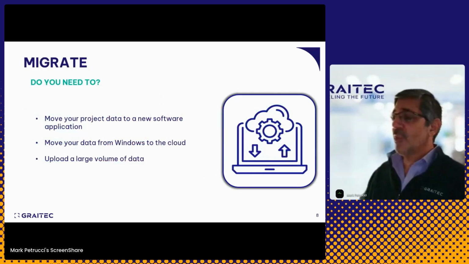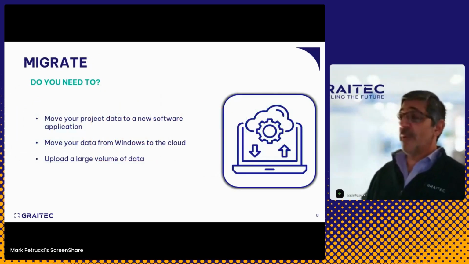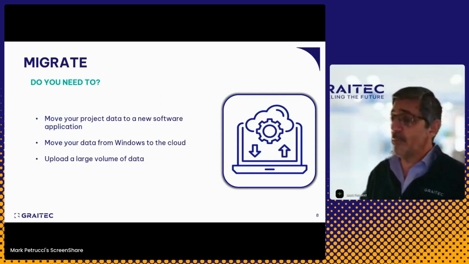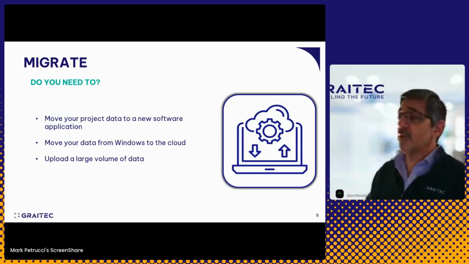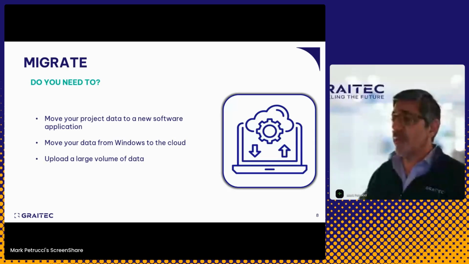Real quick, the superpower, the main function of File Sync is really painless data migration or even data synchronization. Whether you're lifting terabytes off a local Windows server or shifting files between cloud platforms, File Sync moves everything in one sweep, and it preserves the folder structure and data integrity the whole way.